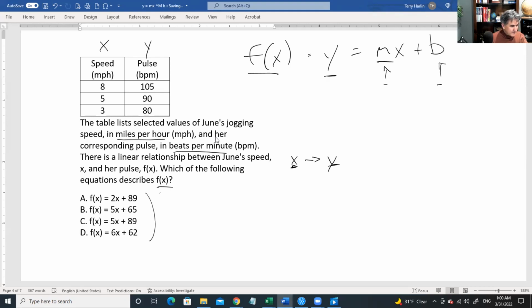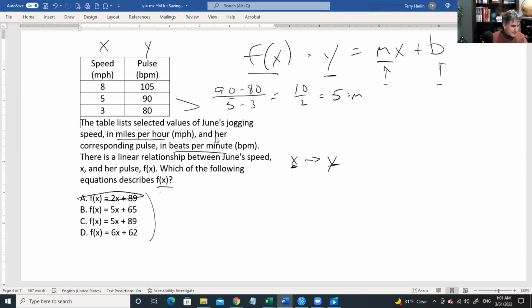Let's see the difference in these two values. So we've got 90 minus 80, sorry, and then the corresponding 5 minus 3. Okay, so that's going to give me 10 over 2, or a slope of 5.